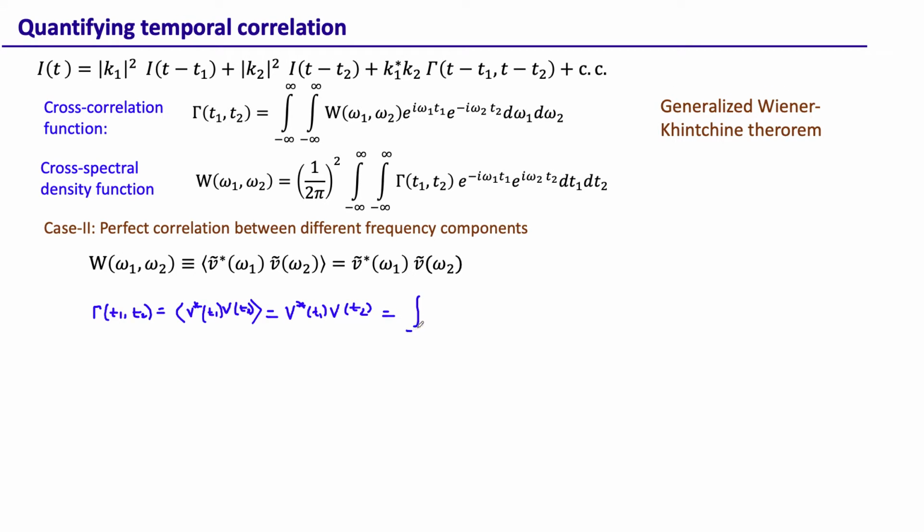We can also write this as a product of two integrals from minus infinity to infinity. V star we can write as V tilde star omega 1 e to the plus i omega 1 T1, plus because this is a star, d omega 1, times the integral from minus infinity to infinity of V tilde omega 2 e to the minus i omega 2 T2 d omega 2.